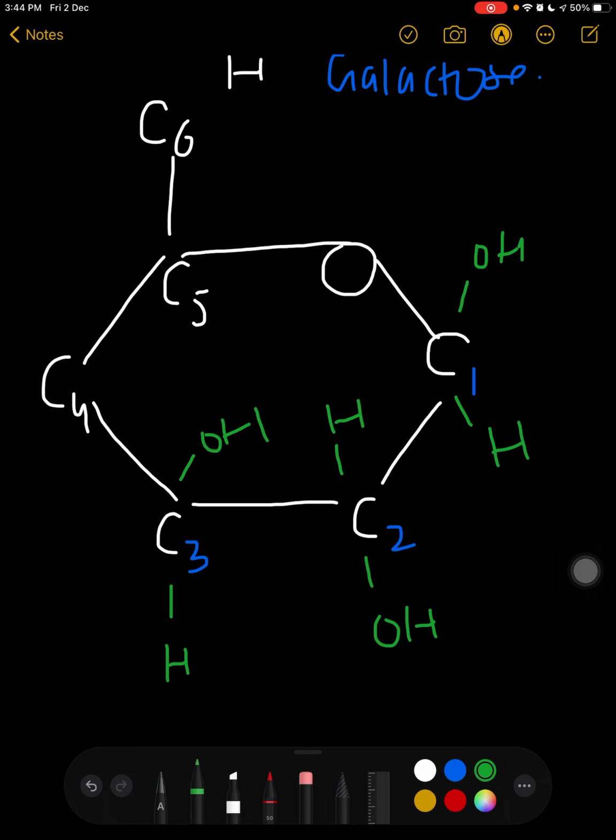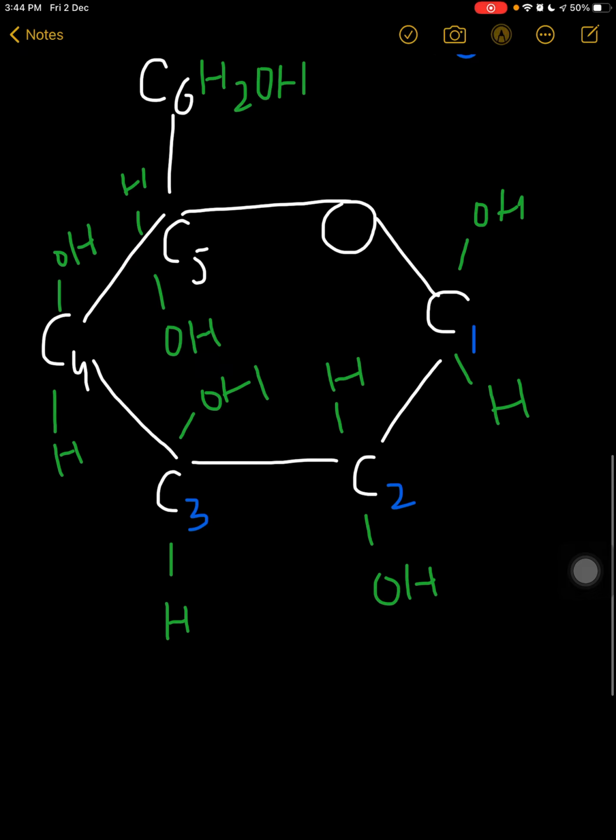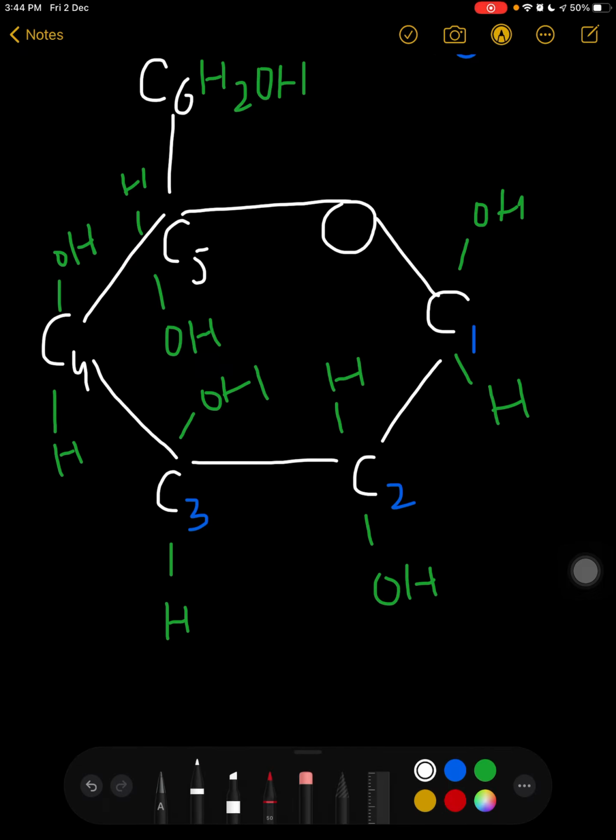Same as in carbon number 4, H will come on this side and OH like this, and carbon number 5 will have CH2OH. So this ring structure is known as beta lactose. I hope this structure is clear to you.